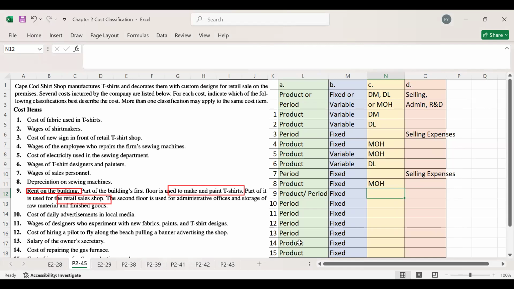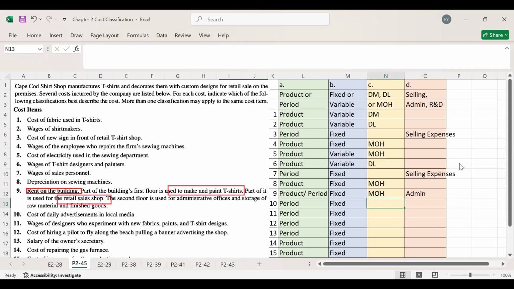In the case of product cost, this rent of the building goes to manufacturing overhead, whereas it is part of admin expenses in the case of the retail shop. So the rent is divided among these two expenses according to the area consumed, in the ratio of the area consumed.